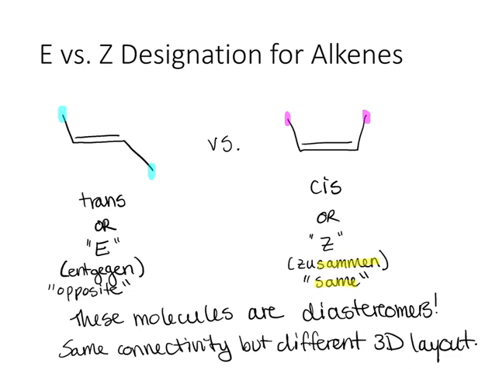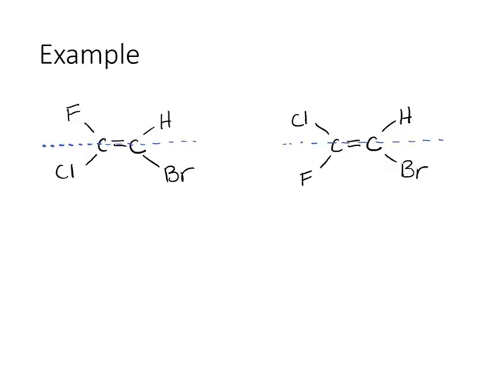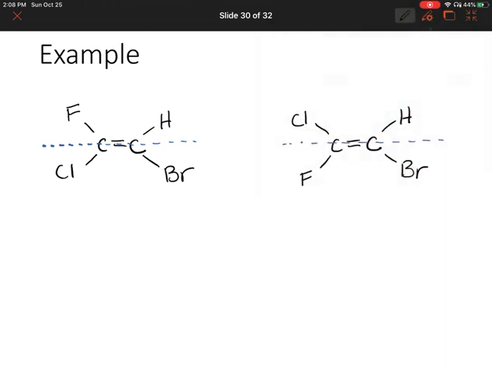However, if you look at these two alkenes, there aren't just two main groups. There's three. We have fluorine, chlorine, and bromine. So there's really no way that you can assign cis or trans here, but you can still assign E and Z. So I'm going to tell you how to do that.